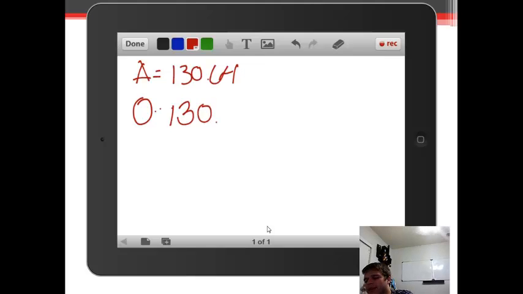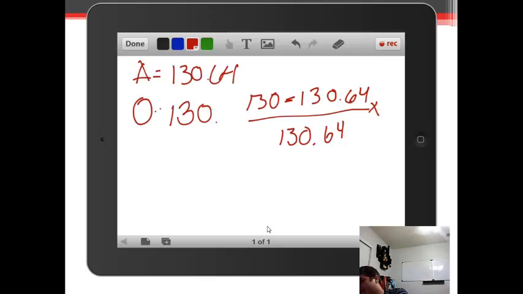So we remember from the other page on the slides that to find percent error, we have to go 130, the observed quantity, minus the actual quantity, 130.64, all over the actual quantity, 130.64, times 100. Okay, and that will give us percent error.